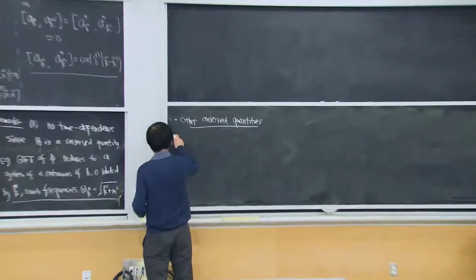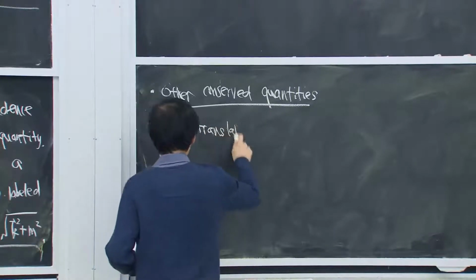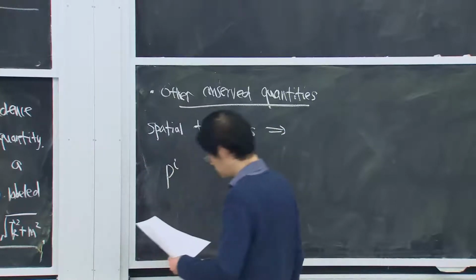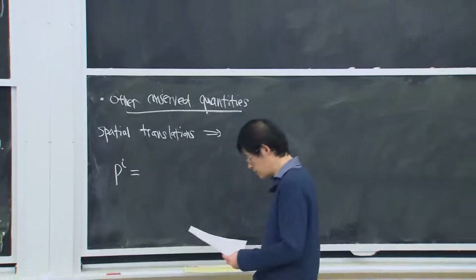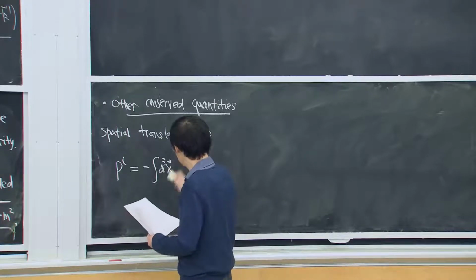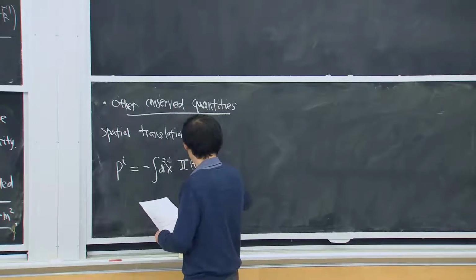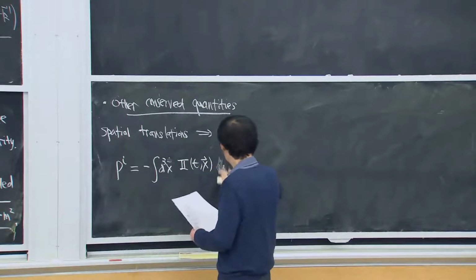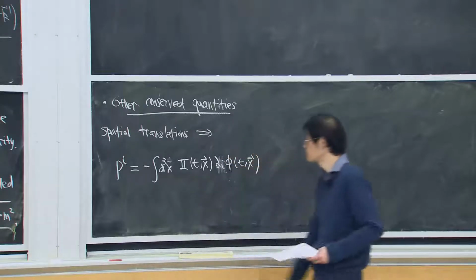So from spatial translation, you get this conserved charge, P^i. Again, you should have done this in your homework, to have the following form: the integral of d^3x, pi times the gradient of phi.